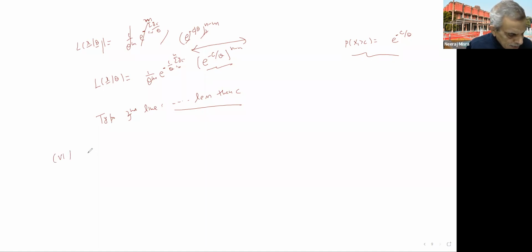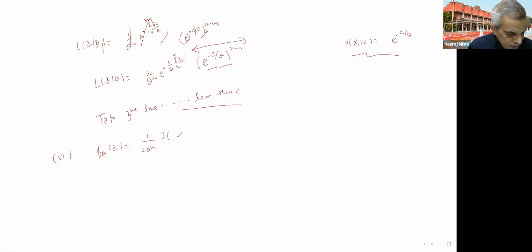Yes, sir. So what is the density over here? First, I need to find out the complete sufficient statistic. So it is 1 by 2 theta to the power n, f theta x, and then the indicator.